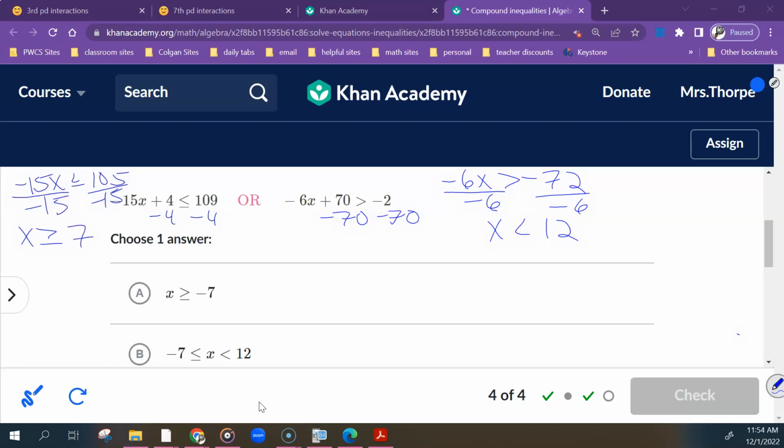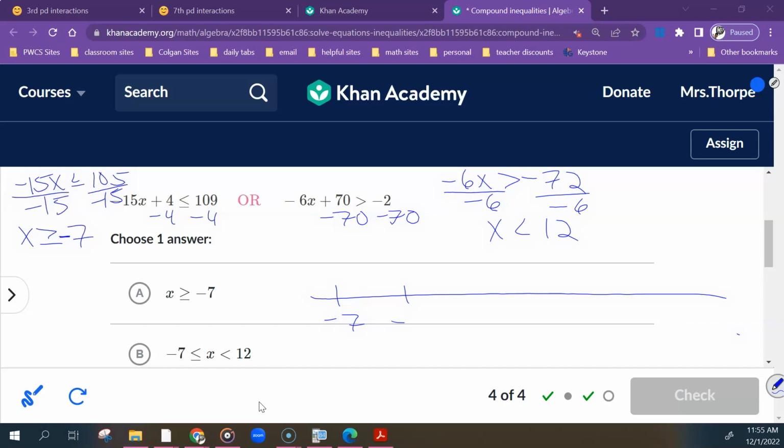And then again, I'm a visual person, so I need to see this. Oh, this was negative 7. Okay, so you may want to skip numbers. You could write from negative 7 to 12, but it would be a lot.